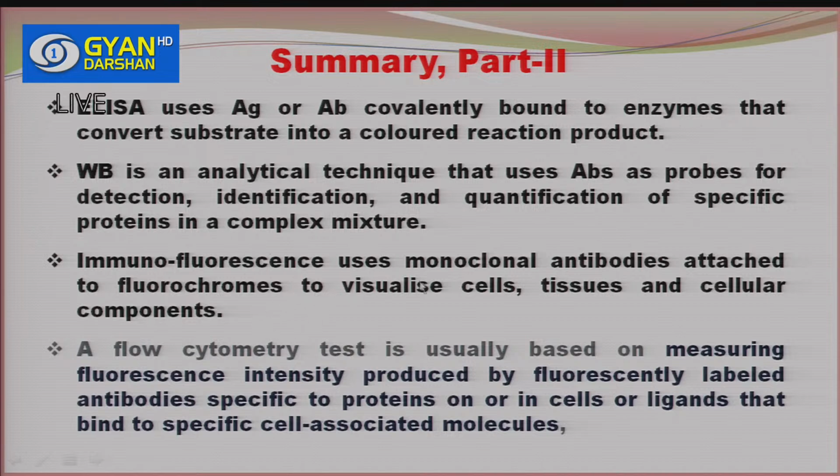Immunofluorescence uses monoclonal antibodies attached to a fluorochrome to visualize cells, tissues and cellular components. You have also learned flow cytometry, which we can utilize for detection of different types of cells or proteins.